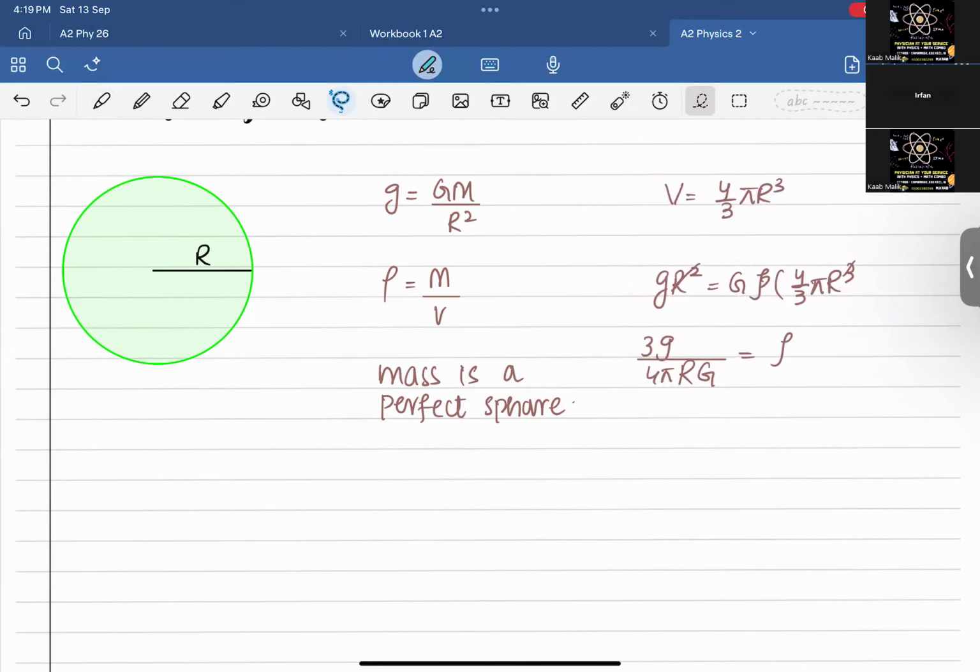Okay, so this is the relation of the gravity and the density.